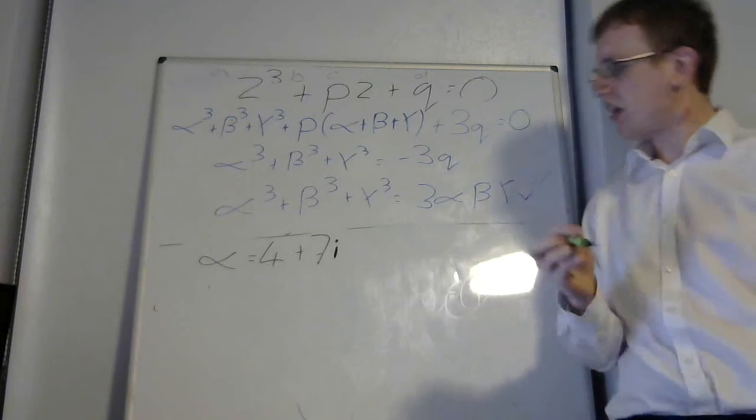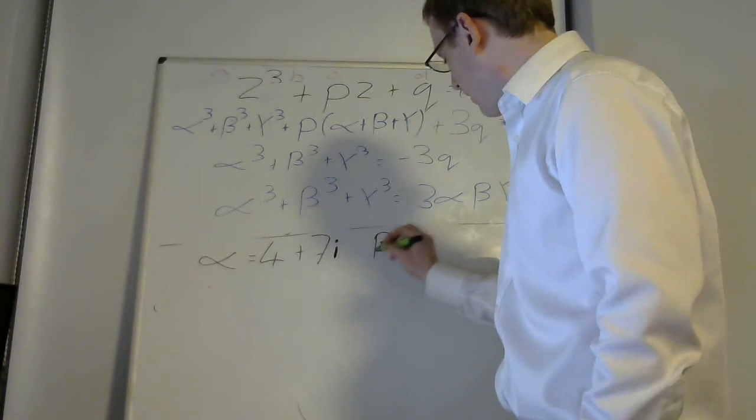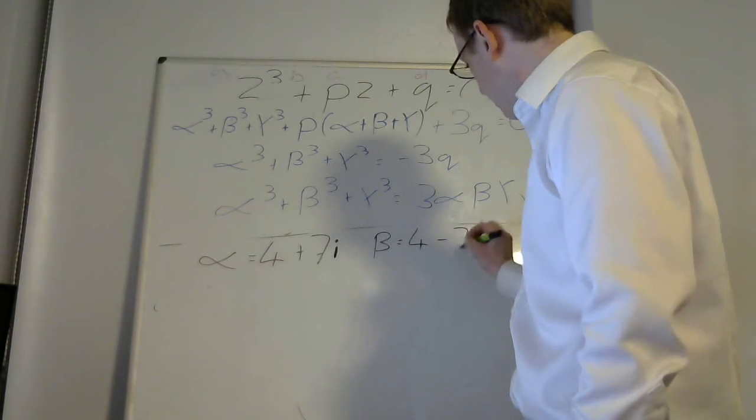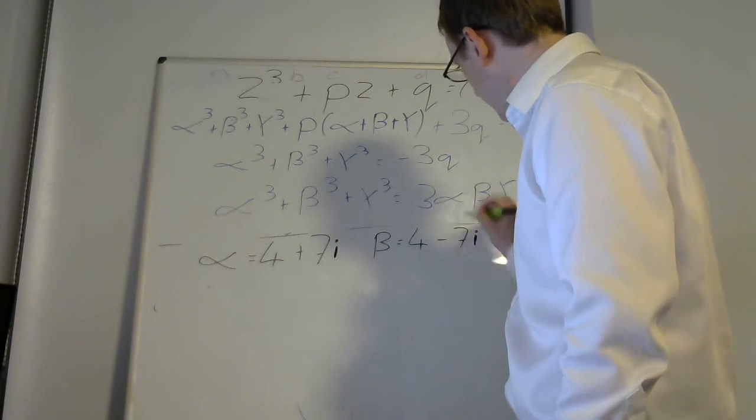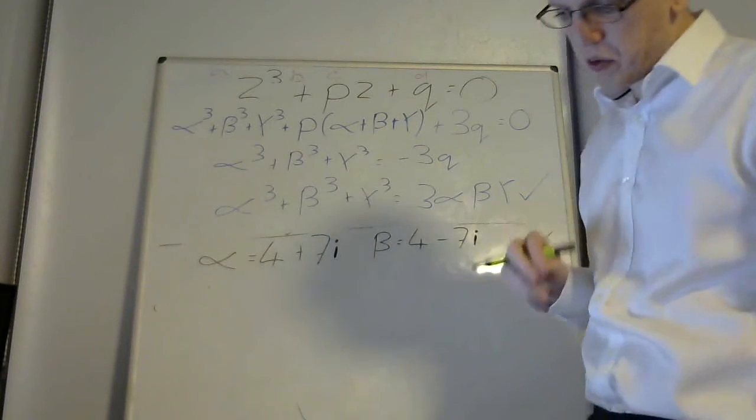So if 4 plus 7i is a root, then 4 minus 7i, the conjugate, must also be a root too.